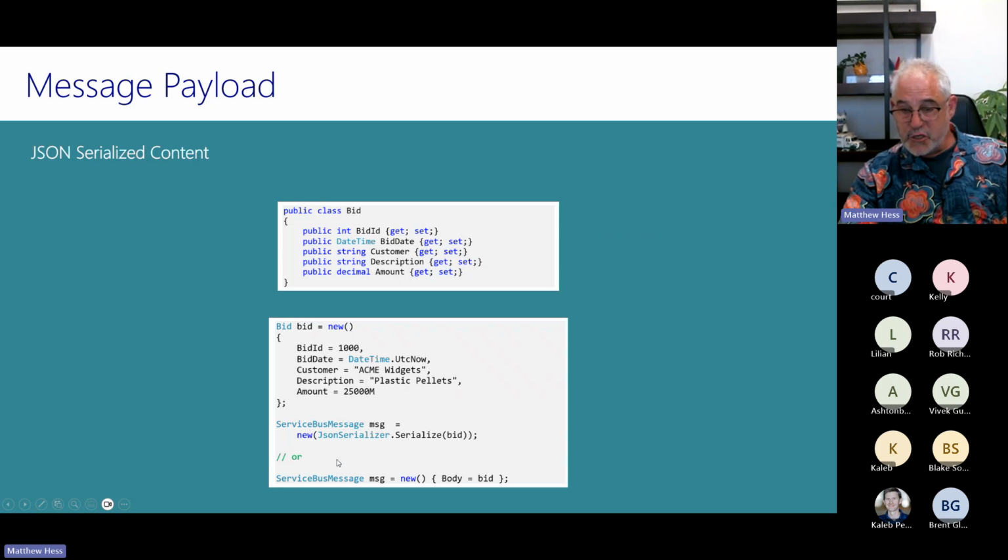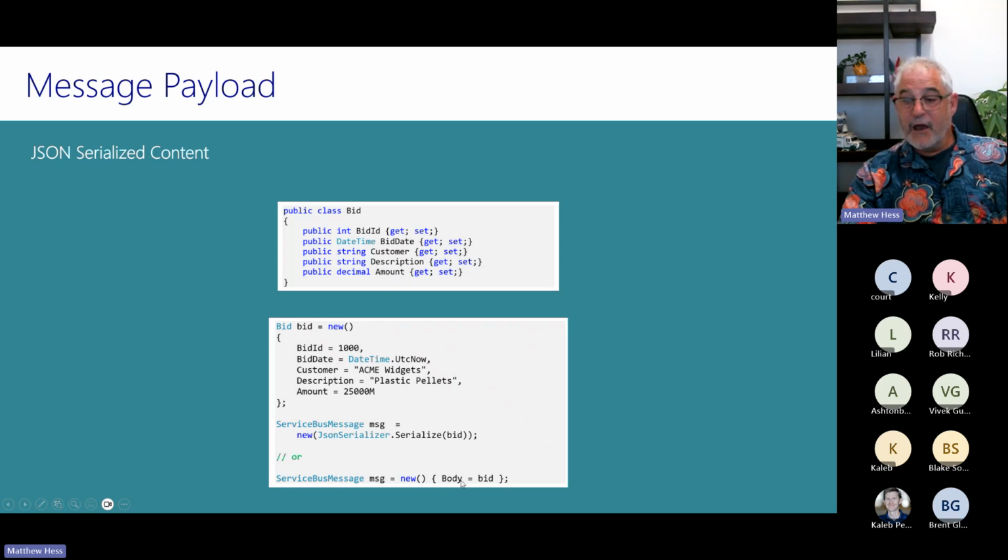And there's two very nice syntaxes here. One is to call JSON serializer.serialize, which takes your object and makes it a string for this constructor. Or if you use the body property setter like this, that actually implements JSON serialization automatically for you. So this is really cool.